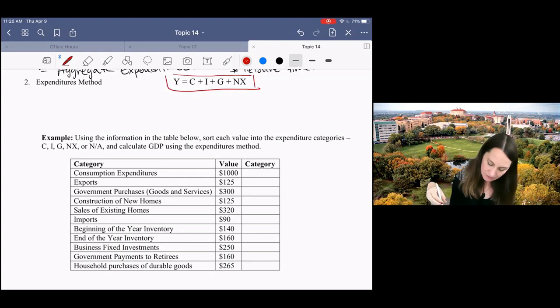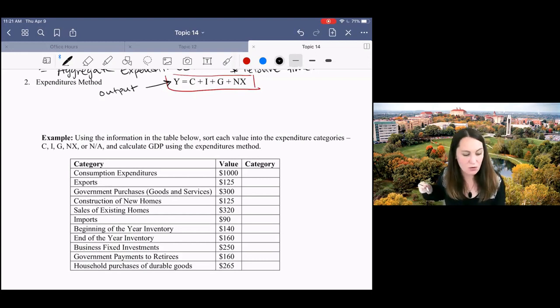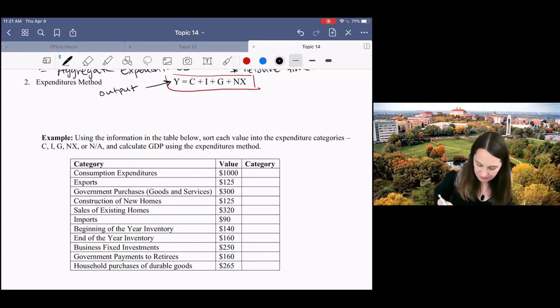So here, Y is output. That's what we're trying to measure. What is the aggregate level of output or aggregate production in our economy?